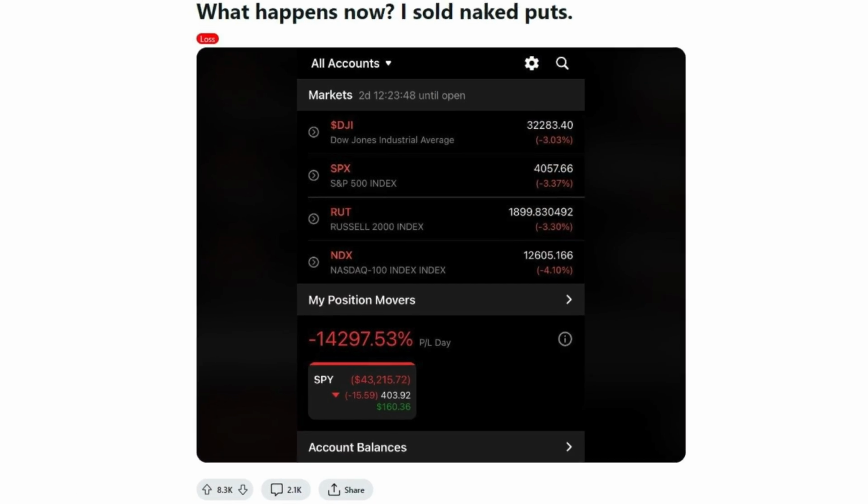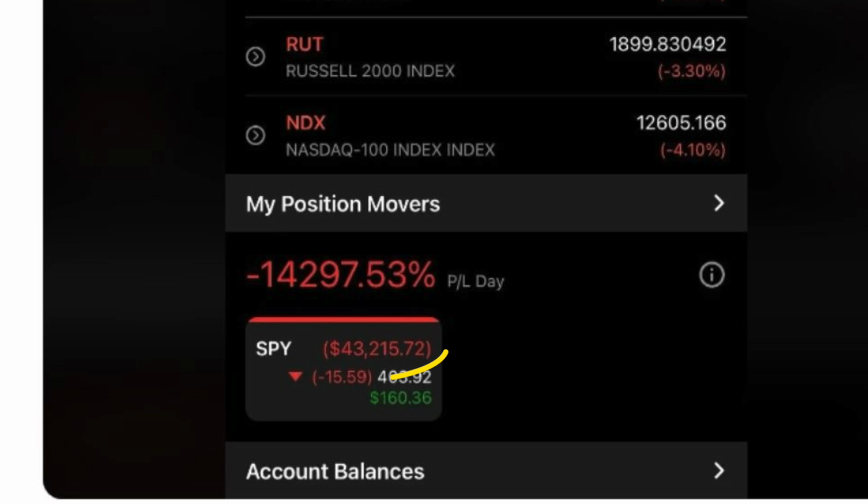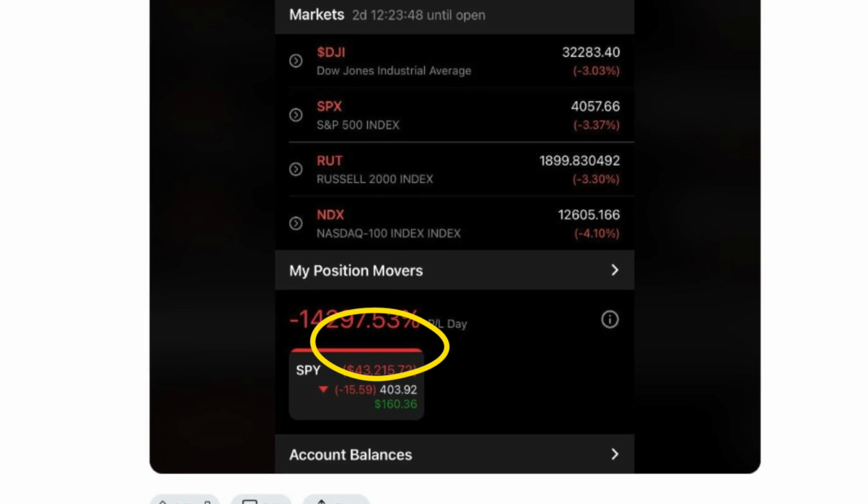And trust me, you do not want to be that guy who lost $43,000 or negative 14,000% on a single naked trade because they didn't adjust it.